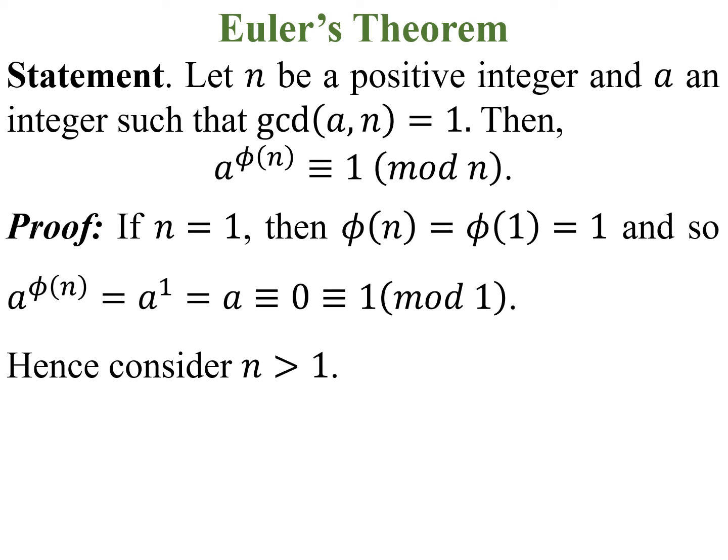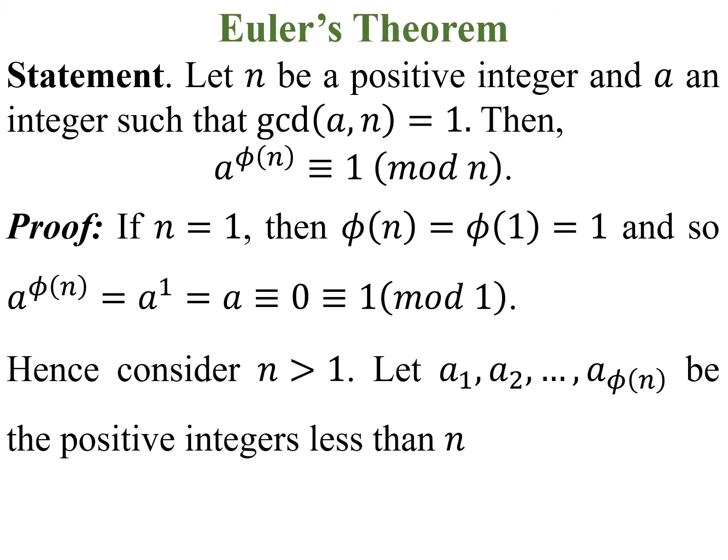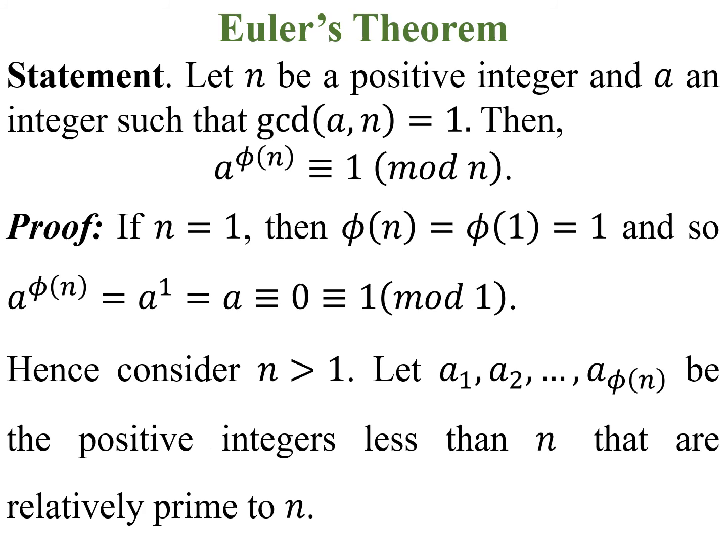So you have to consider here the case that n is greater than 1, because if n is equal to 1, this holds trivially. Let a1, a2 up to a suffix phi of n be the positive integers less than n which are relatively prime to n.